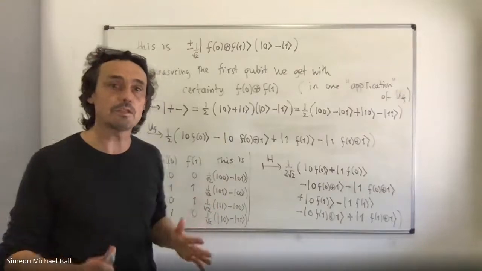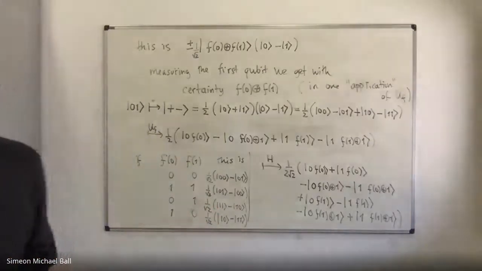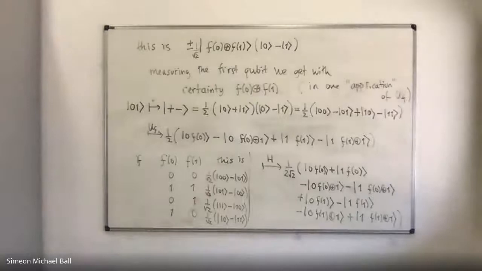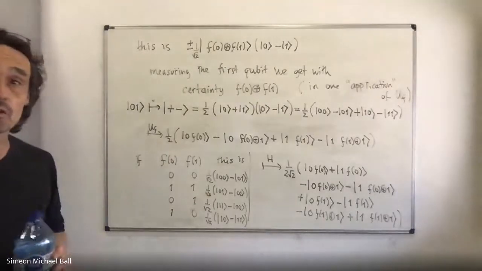Okay? So just with this algorithm, they knew something was up. Yeah? Something here that we can do on a quantum computer, and we cannot do it on a classical computer.